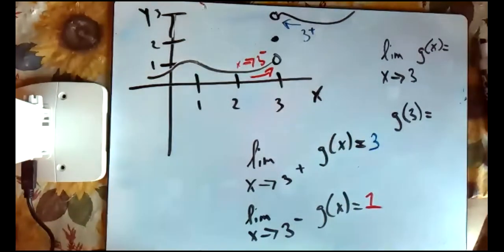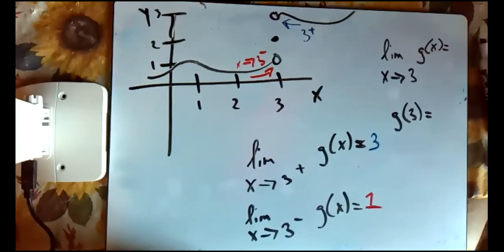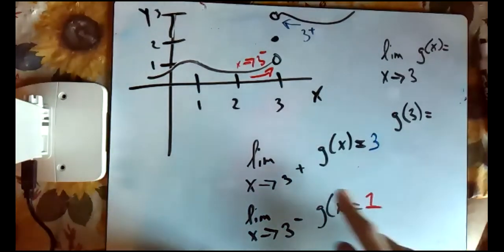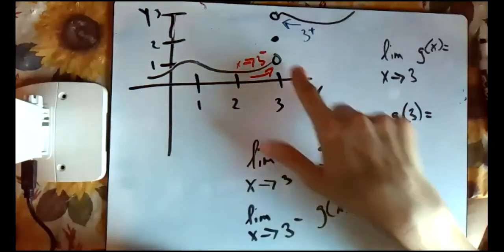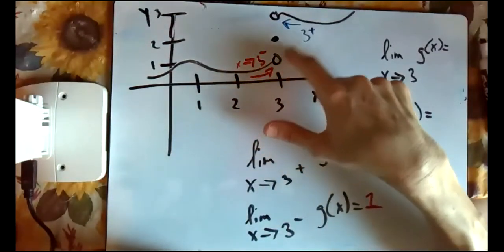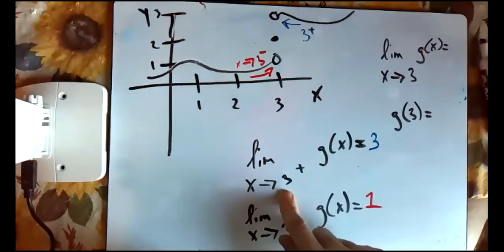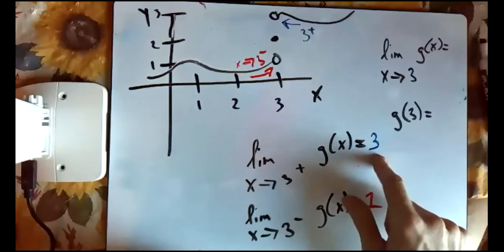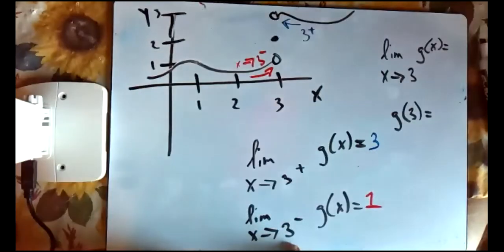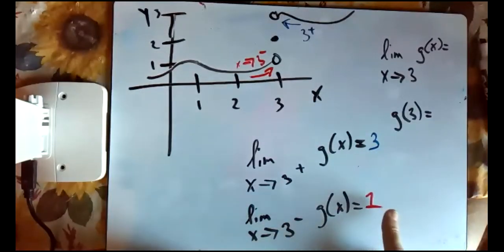Yeah, so remember, in order for a limit to exist, what has to be true? The limit has to approach the same y value from both the left side and the right side. Is that happening right here? No, because what's the limit as we approach 3 from the right? We got 3. What's the limit as we approach 3 from the left? We got 1.